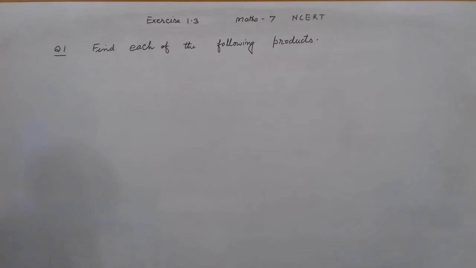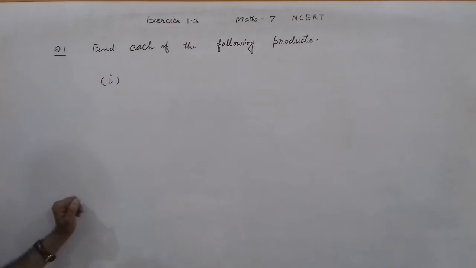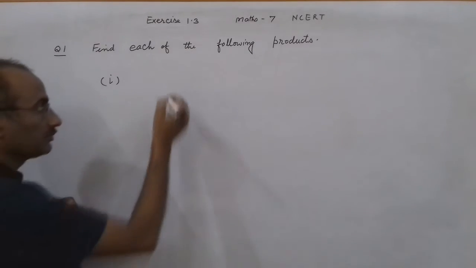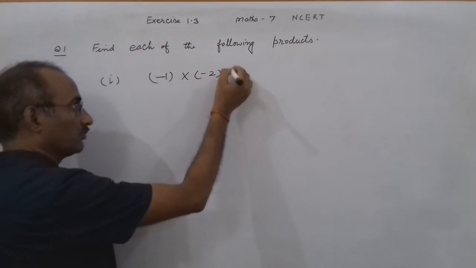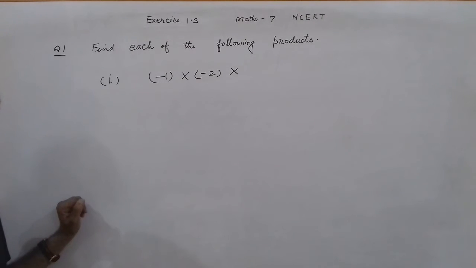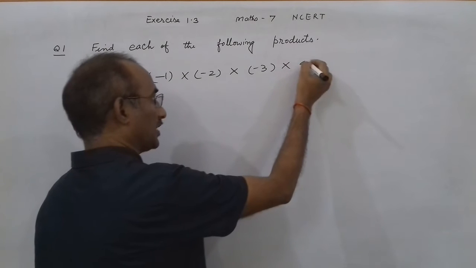Now we have question i. It is minus 1 multiplied with minus 2 multiplied with minus 3 and multiplied with 4.